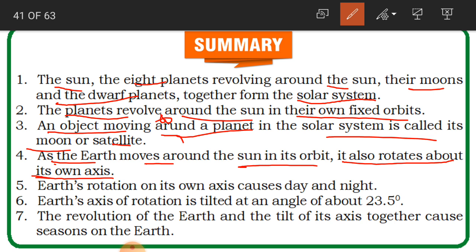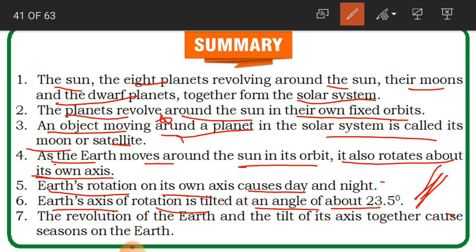Clear, children? Yes. So the earth's rotation on its own axis causes day and night. This is for 24 hours, which causes day and night. The earth's axis of rotation is tilted at an angle of about 23.5 degrees.